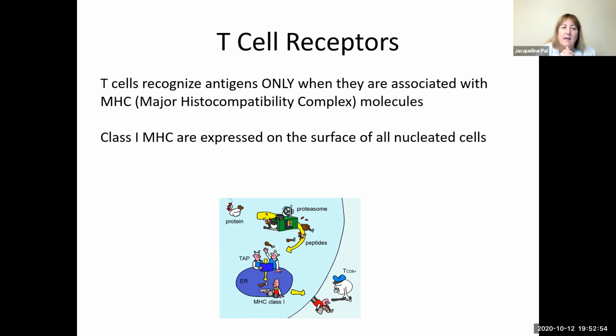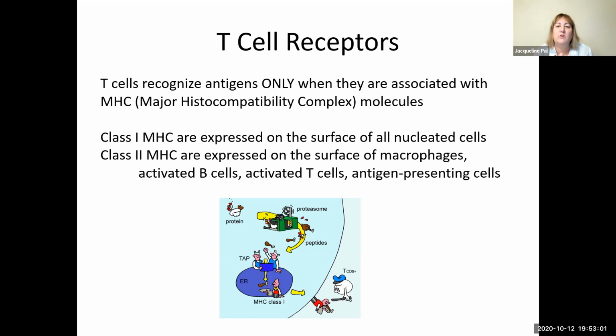If it's got a nucleus, it's got an MHC1. So that's good. Class 2 MHC are on the surface of some of your immune cells: your macrophages, your B cells, your T cells, and antigen presenting cells. So the way this is going to work is if one of those immune cells has an antigen bound to the class 2 MHC molecule, then the T cell can recognize the antigen.